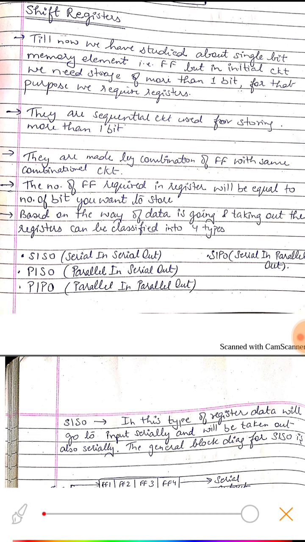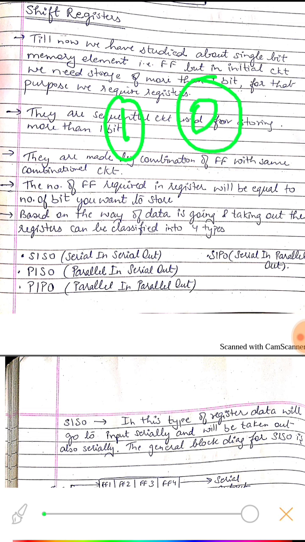We have already seen different types of flip-flops like SR flip-flop, JK flip-flop, T flip-flop and D flip-flop. So today we are going to study registers, shift registers.